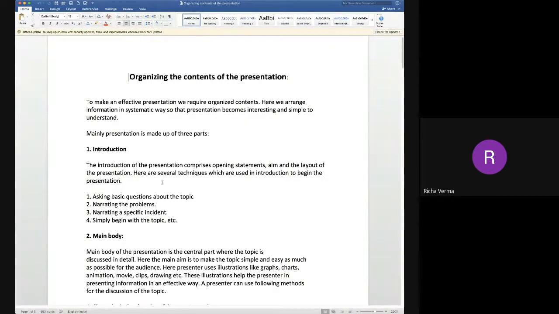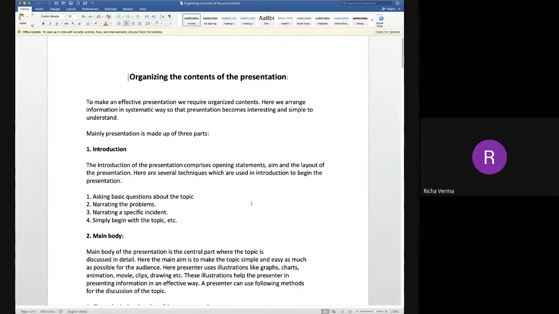So it is basically the opening statements, the aim or goal, the purpose, and the layout, that is, how you have arranged your presentation with the proper layout, background, and font, so that across all the slides, the font size, the style, and the background are the same.